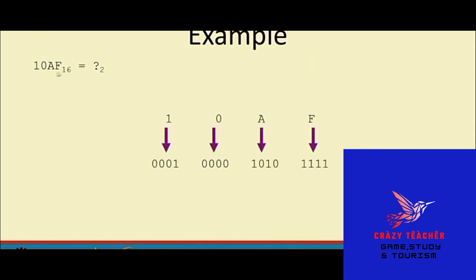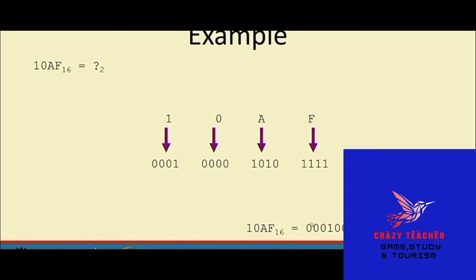So the same thing, suppose 10AF to the base 16. What is the value in the binary number system? You can just take the 4 digits and convert them into 4-bit binary numbers, and that is the result. You can verify this by converting into decimal and from decimal into binary, but that's a lengthy process, so we are not doing it.